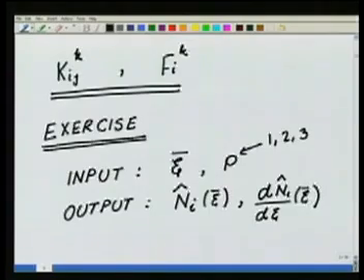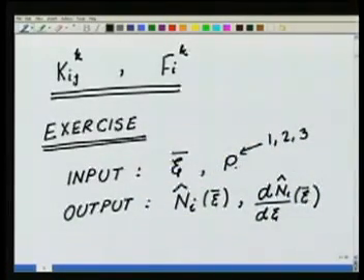So one has to write a program or a subroutine which will take the position psi bar in the master element and the order of approximation p as an input and returns as an output the value of the shape function in the master element and the value of the derivative of the shape function in the master element. Getting this expression out of this is a little cumbersome, but it is easily doable. So this should be done, and out of this the subroutine will be able to give us the values of the shape functions and their derivatives at any point in the master domain.